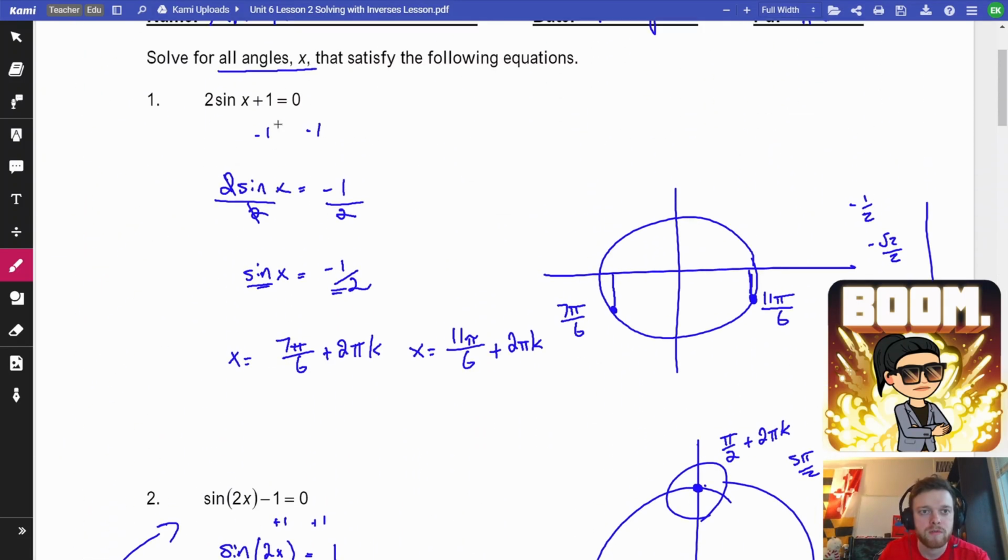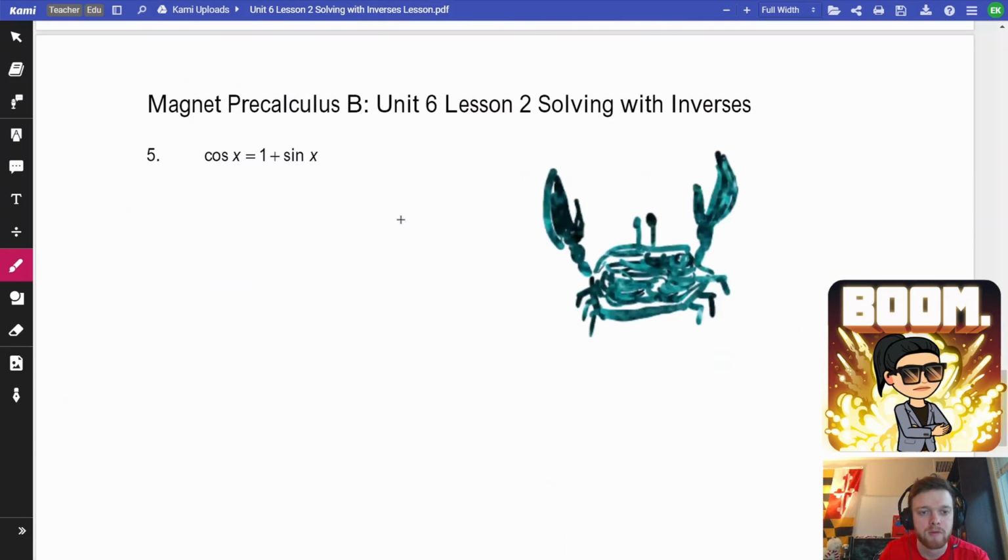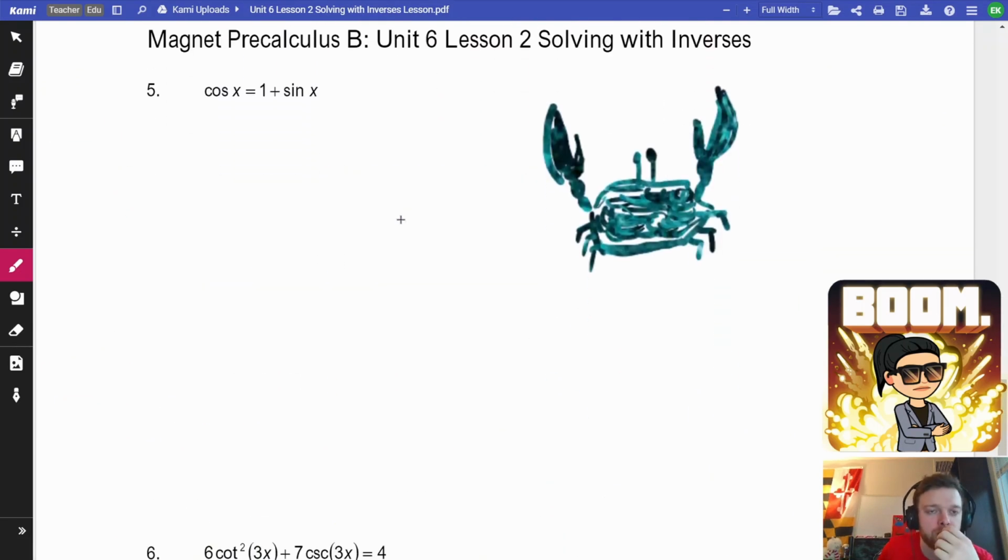Let me jump back down to where we are. I have two trig functions and I can't factor. Is there a relationship between cosine x and sine x, where I can get one type of function, sine x or cosine x, but not both?